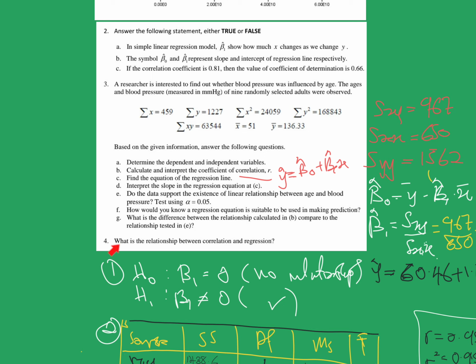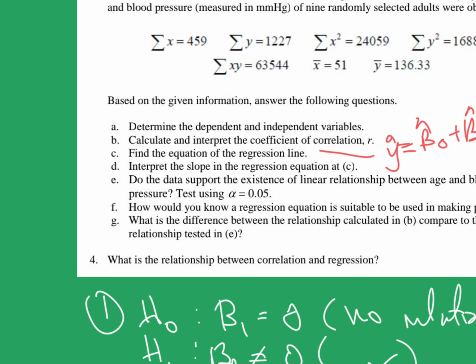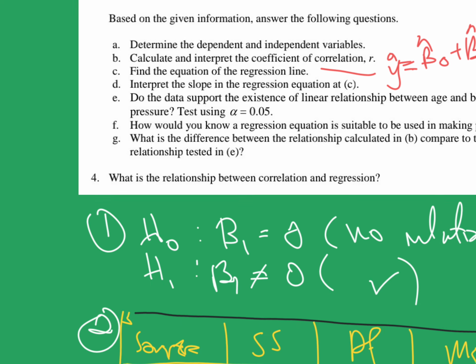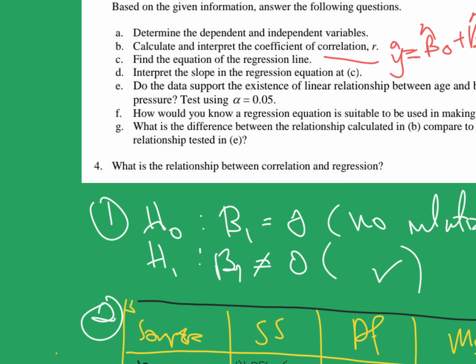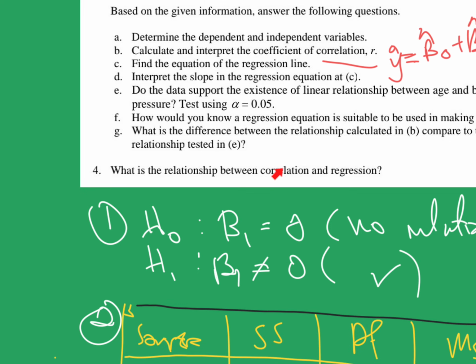Okay, and lastly, what is the relationship between correlation and regression? All right, so this is also being discussed before. Correlation itself is a method, which is R, right? Correlation here is R. It is actually an approach to find the relationship, the strength and direction, between two variables.